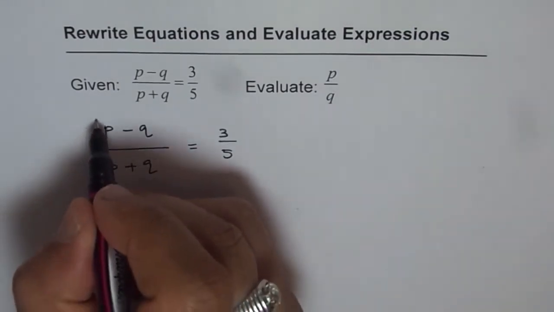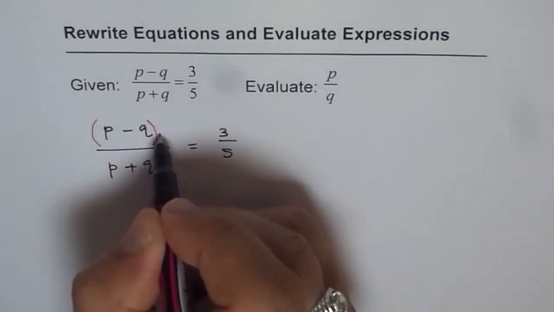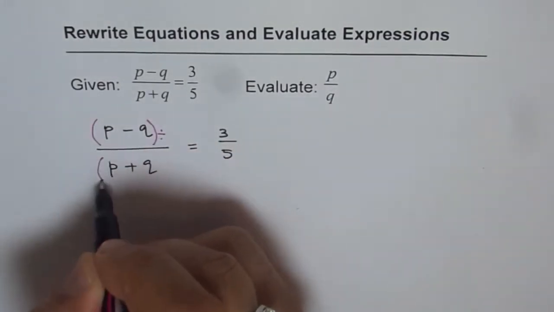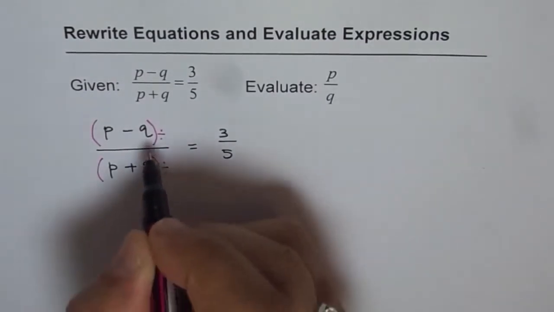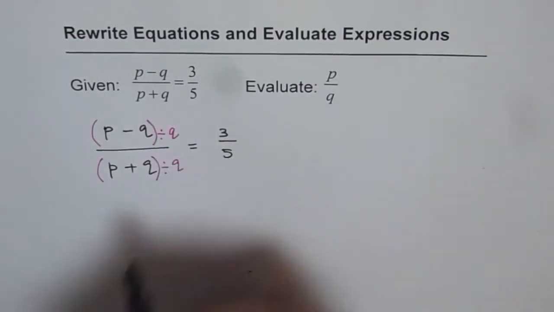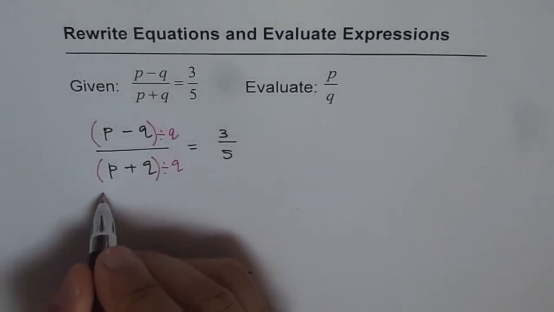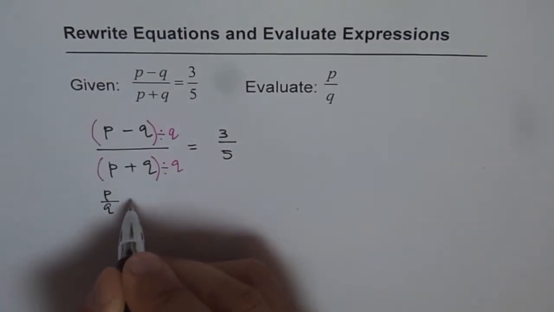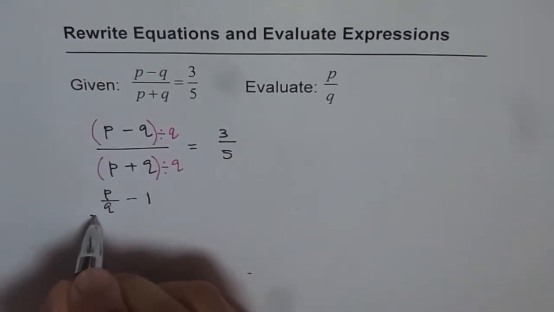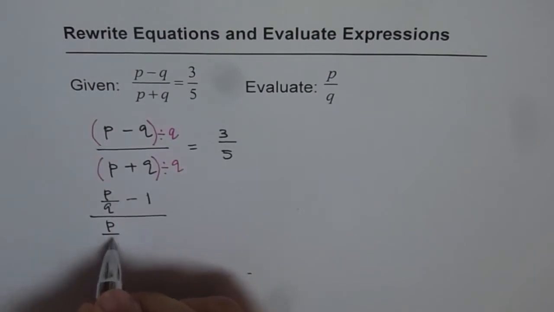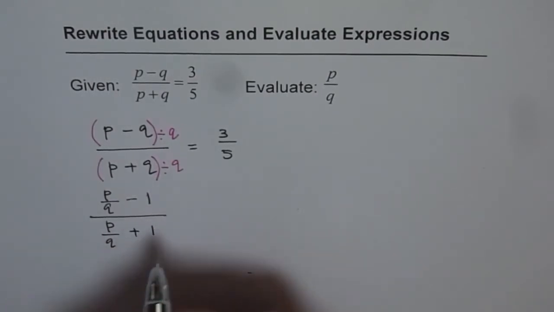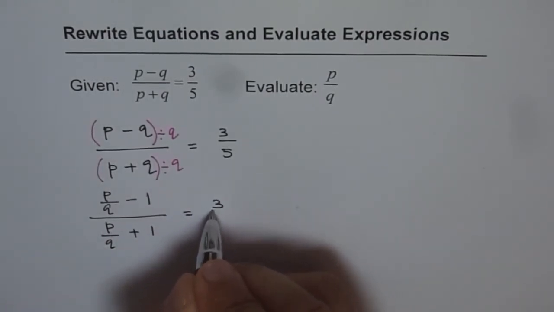So what we can do here is divide both numerator and denominator by q. If we do that, what do we get? That is what we will see now. We get (p over q minus 1) divided by (p over q plus 1) equals 3 over 5.